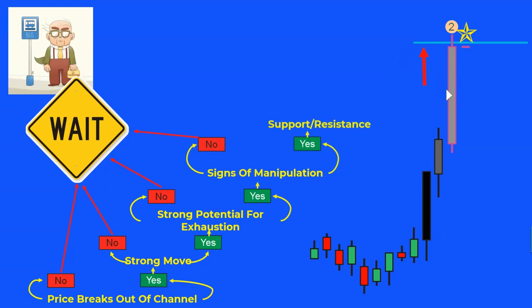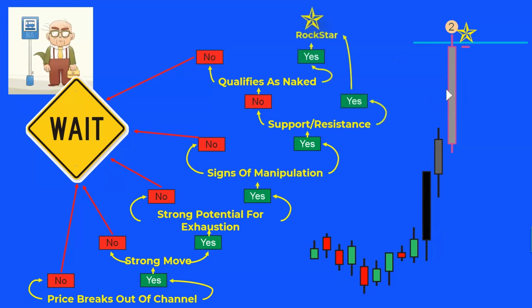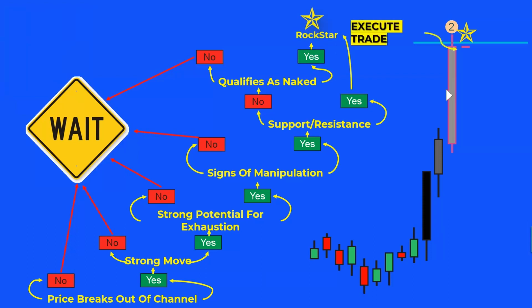Yes, they are. Are we slamming into areas of support and resistance? If no, does it qualify for one of our other trade setups? If it doesn't, then we wait. If it does, we go, okay, is there a rock star? Yes. Then we trade it. Execute the trade.